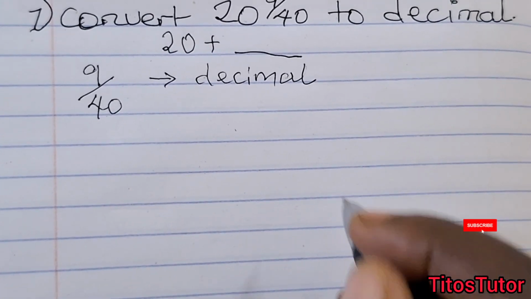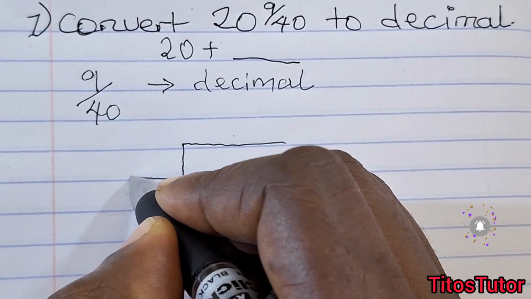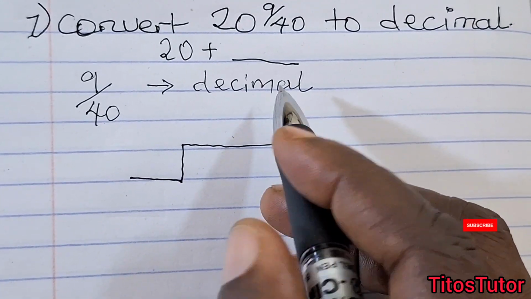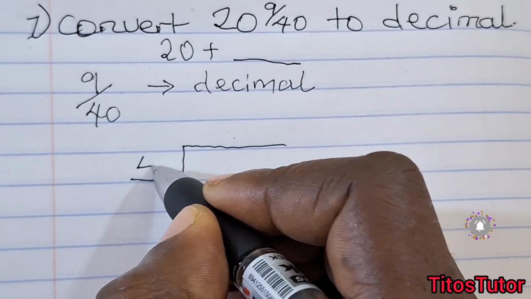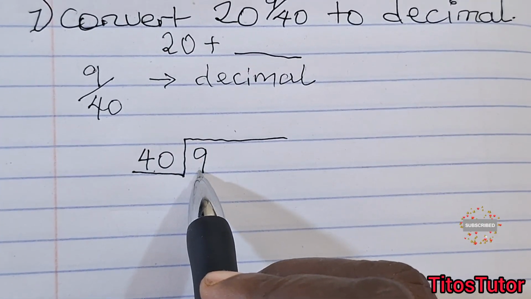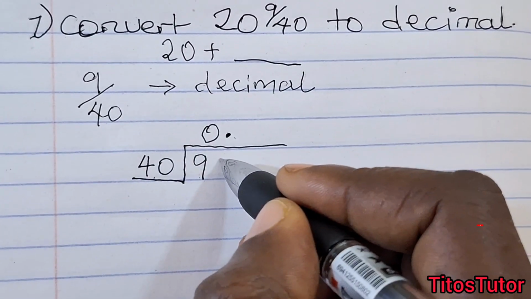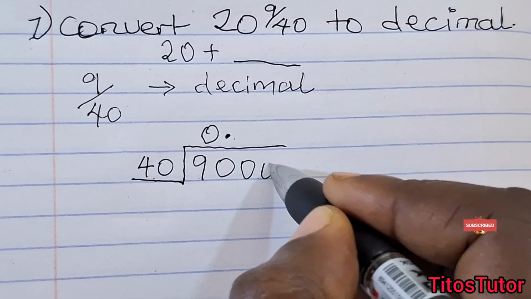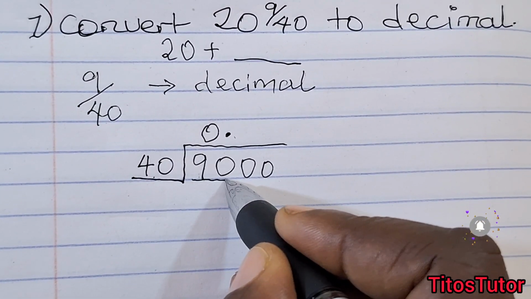Remember I said the best way to convert your fractions to decimal is through long division. Write your 40 outside and your 9 inside. How many 40s do I get in 9? Not possible. Put a point and I add as many zeros as I like, right? So I take the first two numbers, 90.